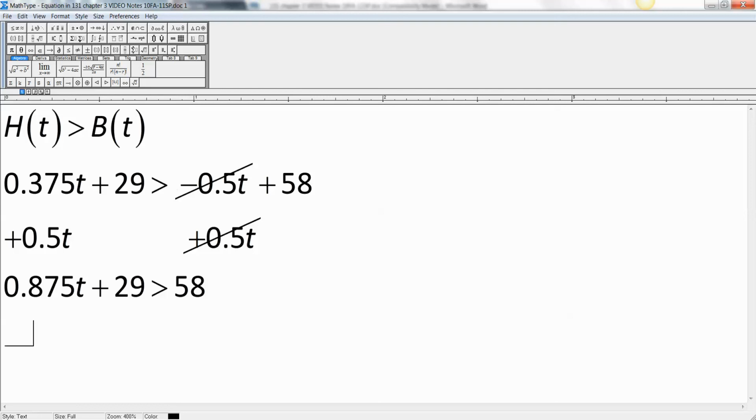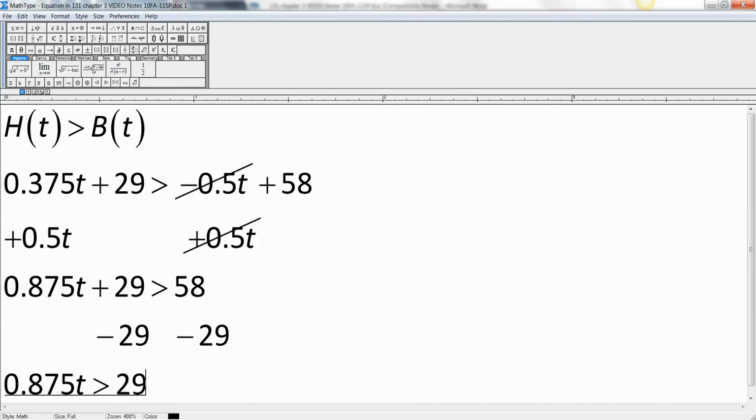Now we're going to subtract the 29 because you want to get the t out of there. So minus 29, do it to both sides. So you're going to get 0.875 t is greater than 29, I think.